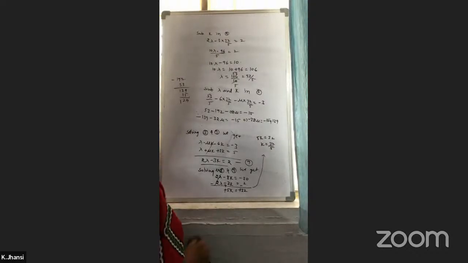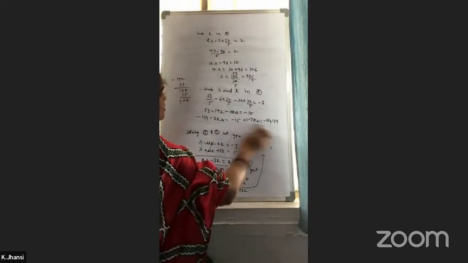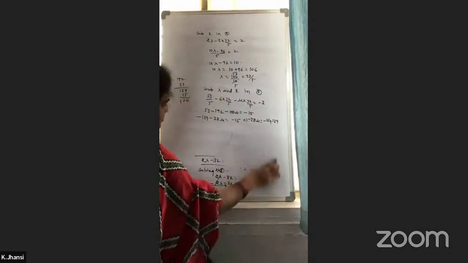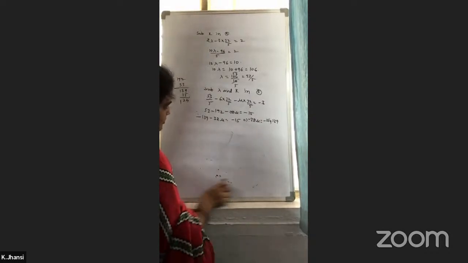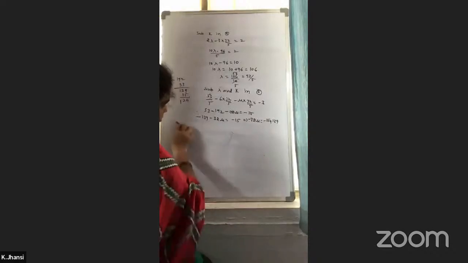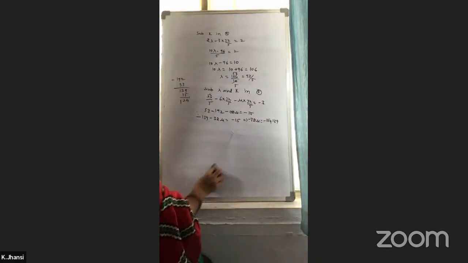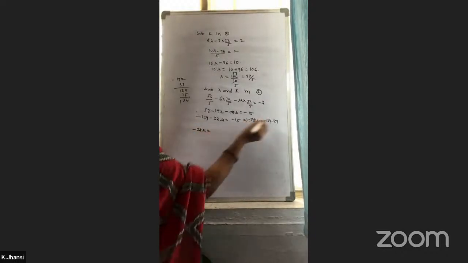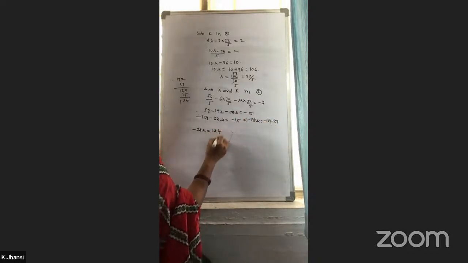So here we'll get the mu value. Minus 32 mu is equal to, this is 124 we get.